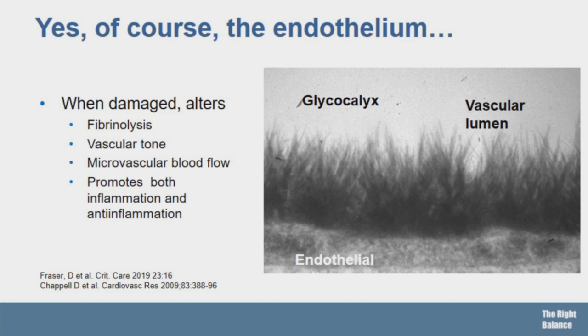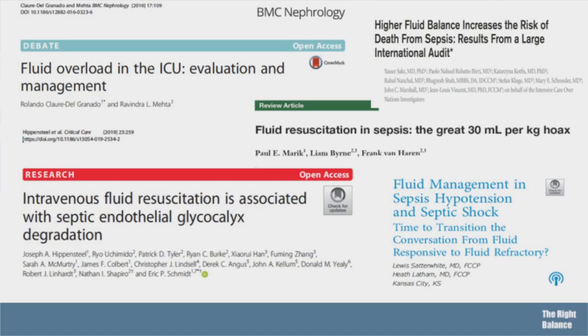And when we talk about damage here, we talk about fibrinolysis, we talk about vascular tone, but most importantly to remember, I may not be able to control the cytokine effect on your glycocalyx, but oh my goodness, better control how much I might be affecting your glycocalyx by giving you fluid.